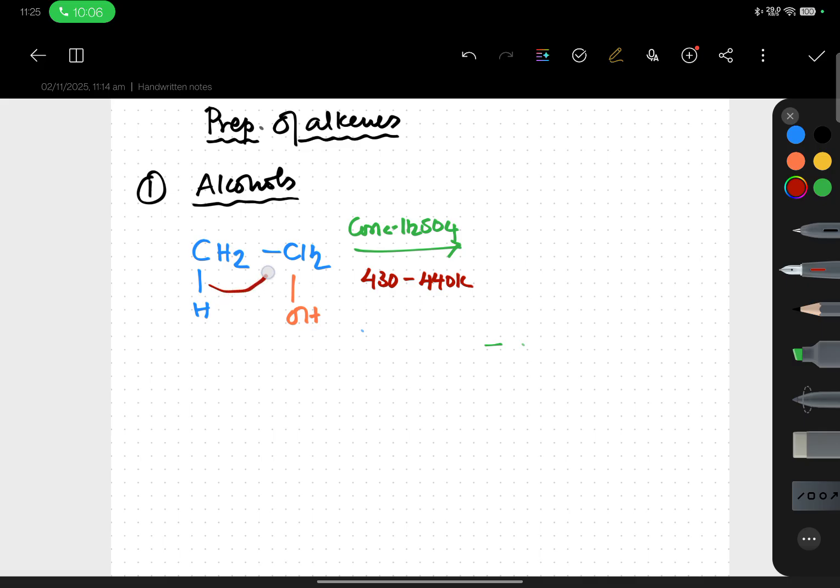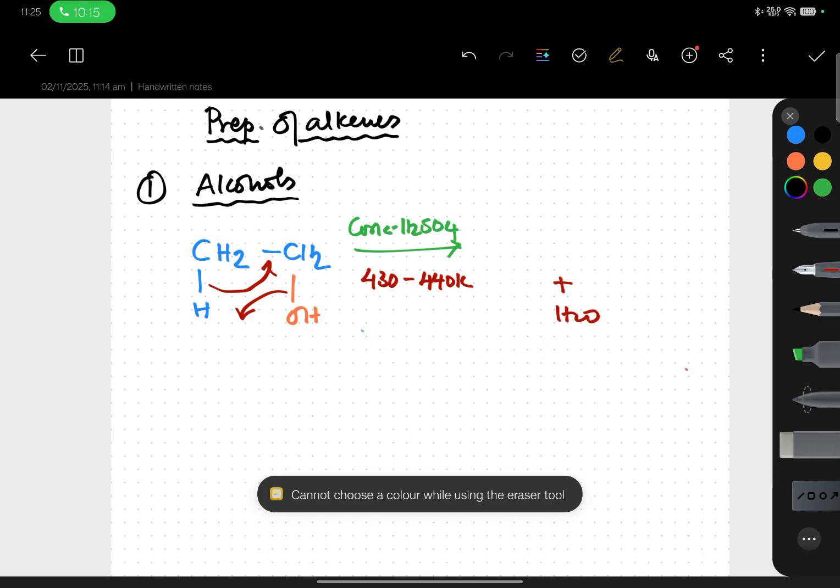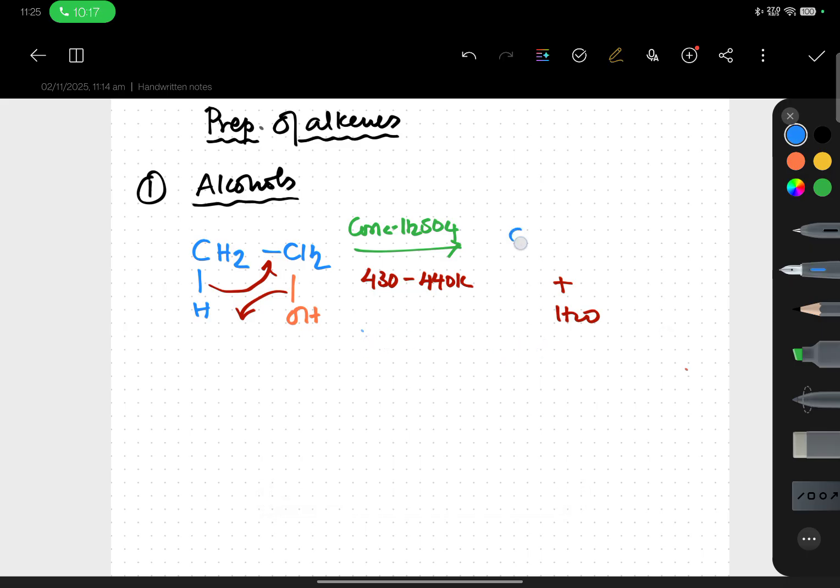What will happen? This bond goes here, this bond comes out. So HOH is called water, while you get CH2 double bond CH2. What is this called? Ethene. This is ethanol.